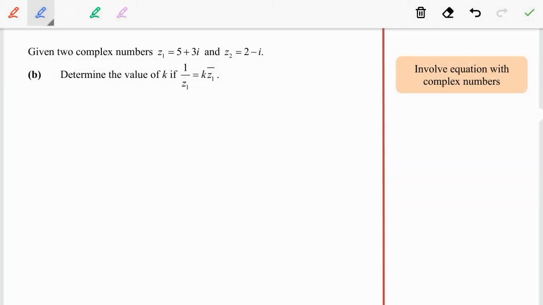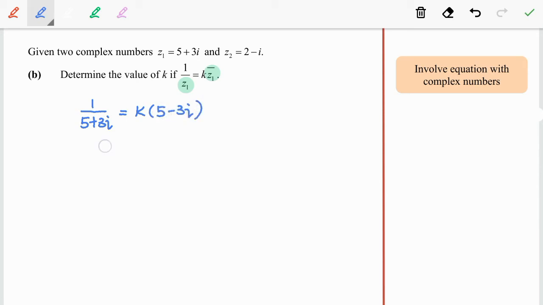Next, question B. We are going to determine the values of K if 1 over Z1 equal to K times with Z1 bar. So firstly, let us substitute Z1 and Z1 bar into the equation. We have 1 over 5 plus 3i equal to K times with 5 minus 3i.